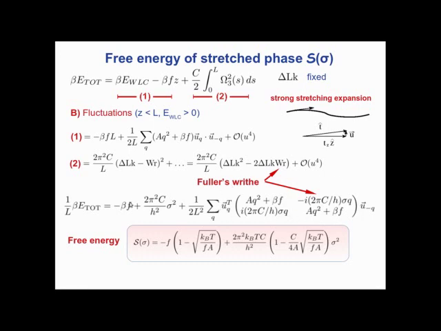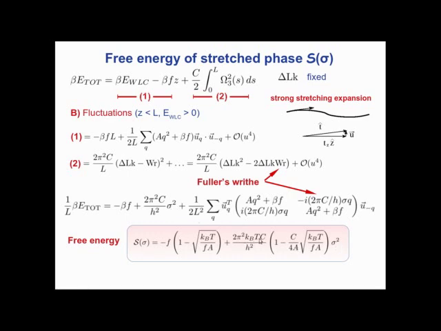These are constant terms. So when I look at the free energy, I have to multiply this by kBT. There is a first term, minus F, that comes from here. There is this constant term, this one multiplying this times sigma squared.